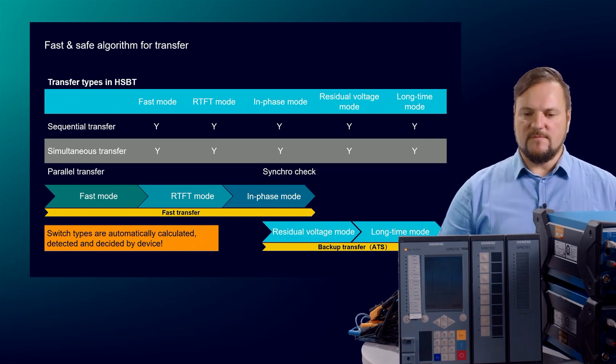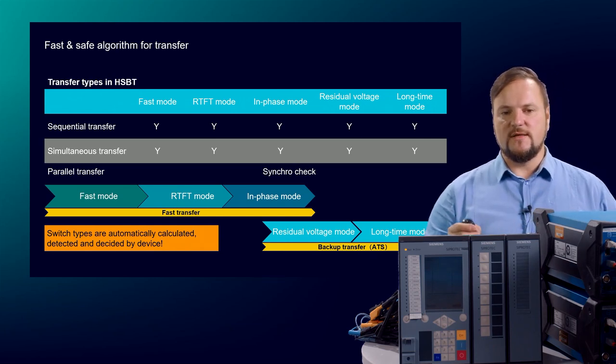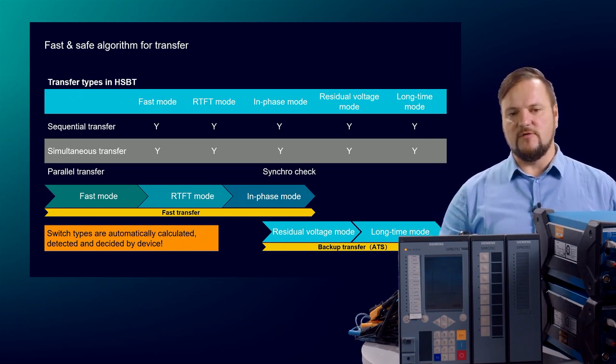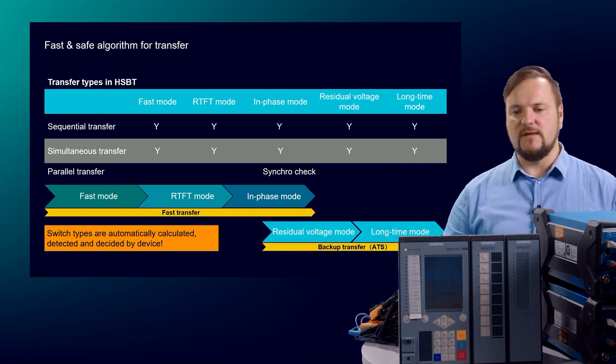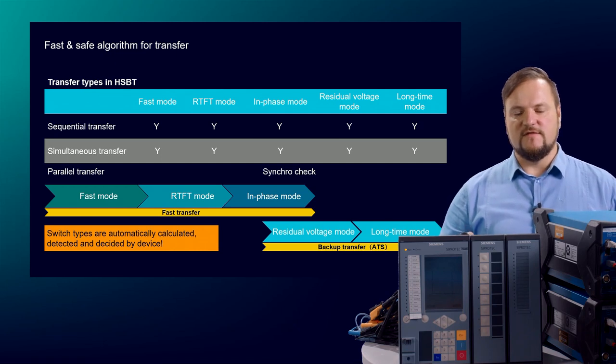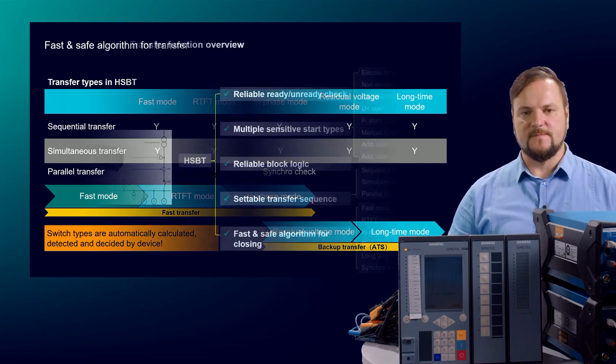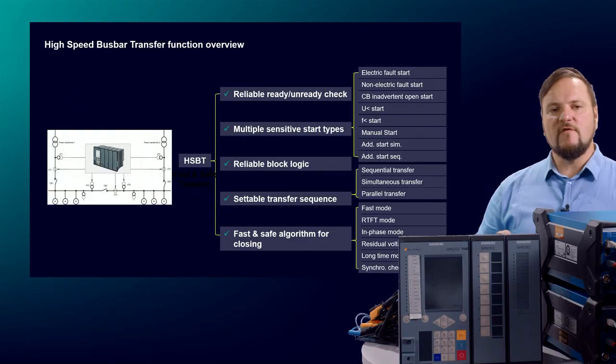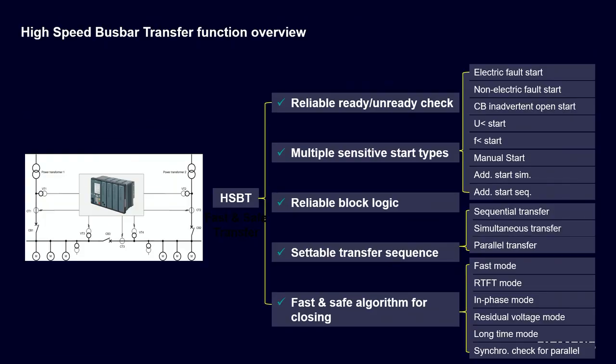And of course, the device is doing the switching automatically. So that means it automatically calculates which kind of switching mode the device is using and decides by itself. So when we have a look at the HSBT, high-speed busbar transfer functionality, you see the functionality has different tasks.